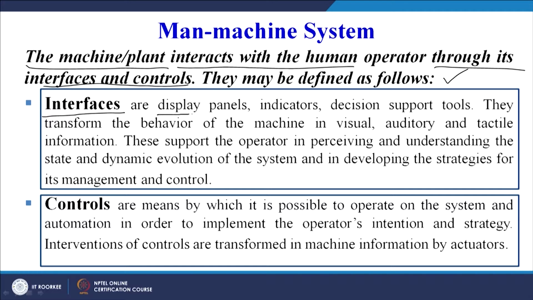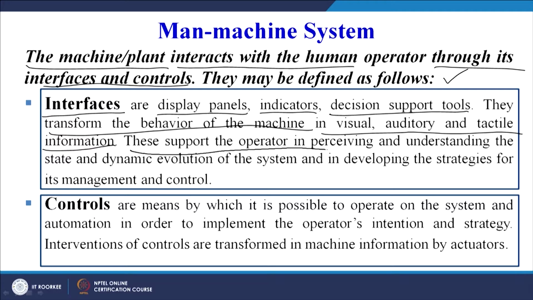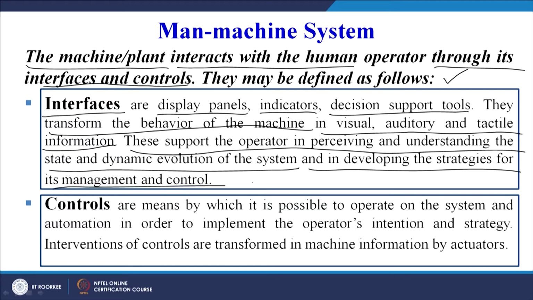Interfaces are display panels, indicators, decision support tools. They transform the behavior of the machine into visual, auditory and tactile information. These support the operator in perceiving and understanding the state and dynamic evolution of the system and in developing the strategies for its management and control.